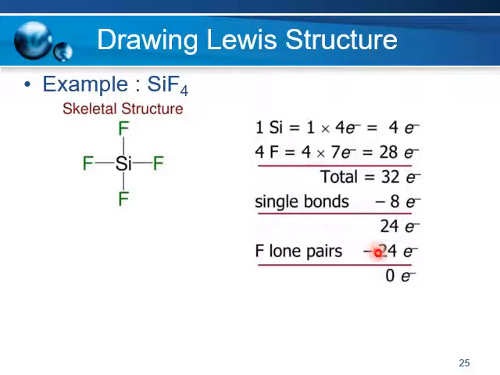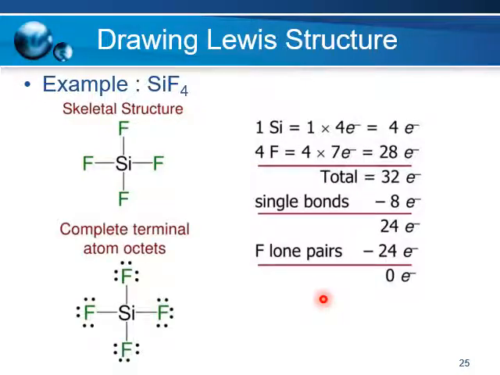So you count lone pairs. Each one has 6: 2 here, 2 here, 2 here. Those that have made a bond, don't count. So you have 6, and 6 times 4 is 24. 24 minus 24 is equal to 0, so there is no lone pair left. How do we draw the Lewis structure? It will be drawn like this: you have the bonding, and there is no lone pair on the silicon.